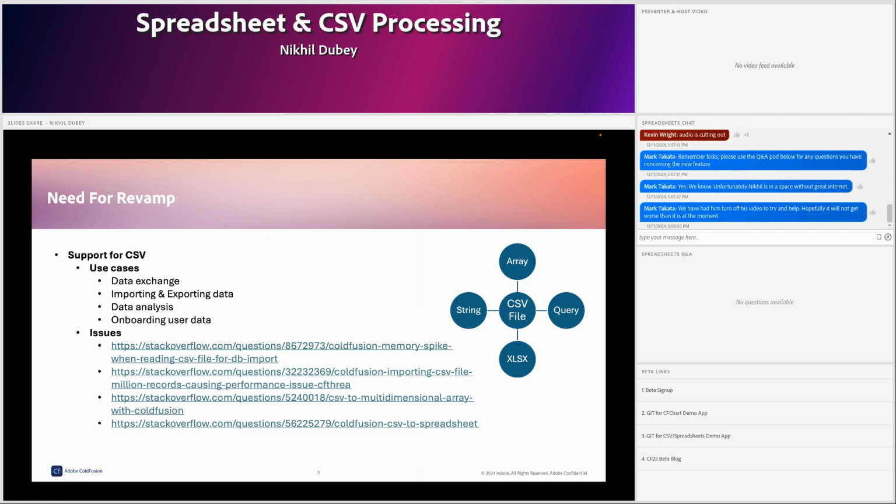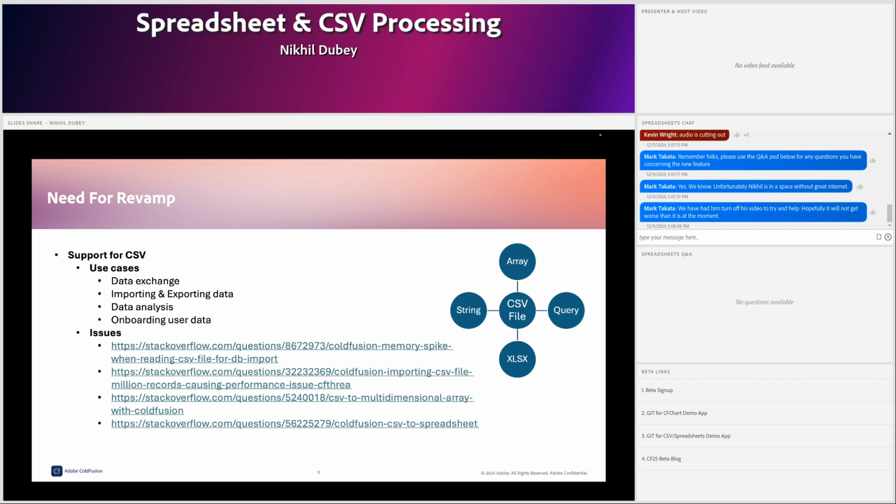So if you go to Kaggle and try to browse any data set, there is a good chance it would be in CSV. So CSV being such a heavily used format, despite that, ColdFusion did not have any direct way to basically read or write CSV, or even process it. So there was no proper way for parsing it.